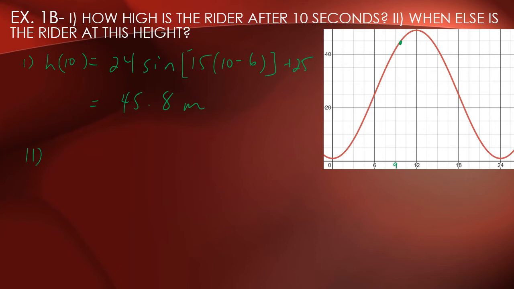So I'm going to erase what I just put in there. Okay, I'll put the 9 back in. So there's 9 and there's roughly 10 right there. And again, if we trace up, we're roughly there. And we know it's 45.8.